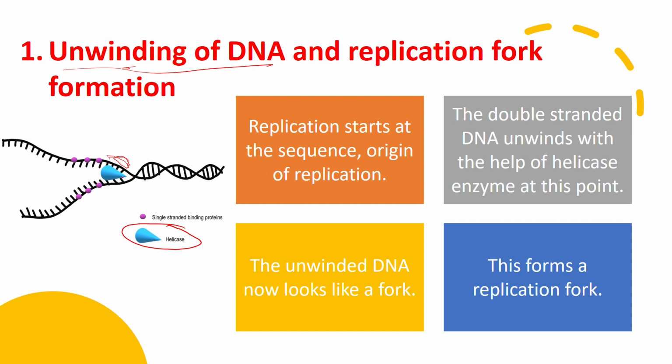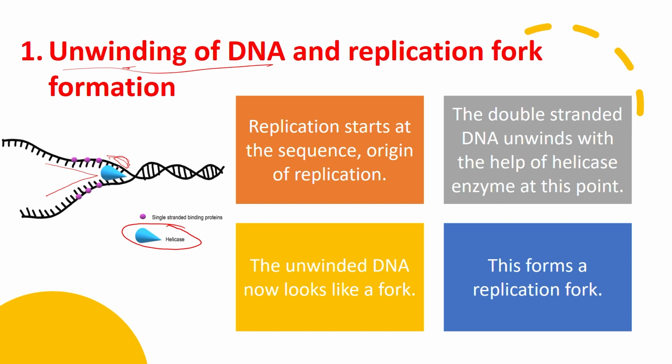Here the unwinding starts and the unwinding of the two strands takes place. Now the unwound DNA looks like a fork. See what is the shape you can see here? The unwound DNA is in the shape of a fork, is it? Yes, that is known as replication fork formation.